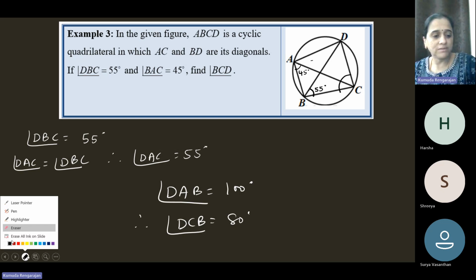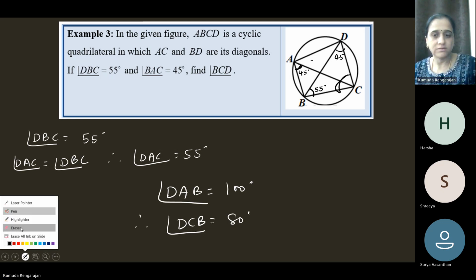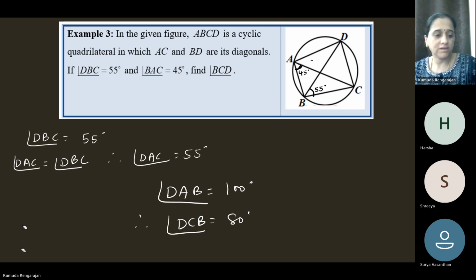The second method: in the first method, you found an angle which rhymes with BAC. BAC is 45, so BDC is also 45, and then the angle sum property. Second method, read this angle. How do you read this angle? DBC.